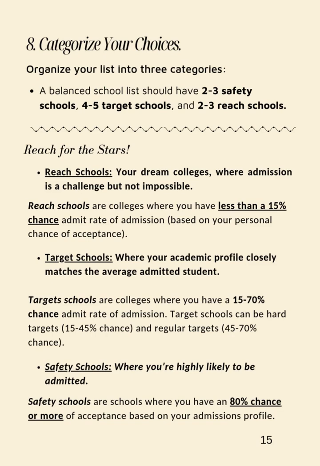And also a balance of safety schools, meaning that you're definitely going to be admitted, and you wouldn't mind going there either. And also your reach schools, right? The schools that you dream of attending, and it's like, oh my god, it'll be the best thing ever if I get accepted to that college.